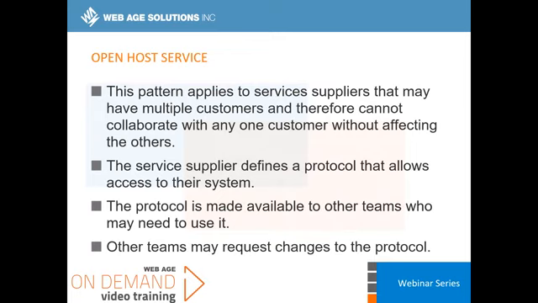Okay. The reason that we would want to do this, other than the translation service like the anti-corruption layer, is that it could be a performance issue, or it could be just an issue with the various dev teams.